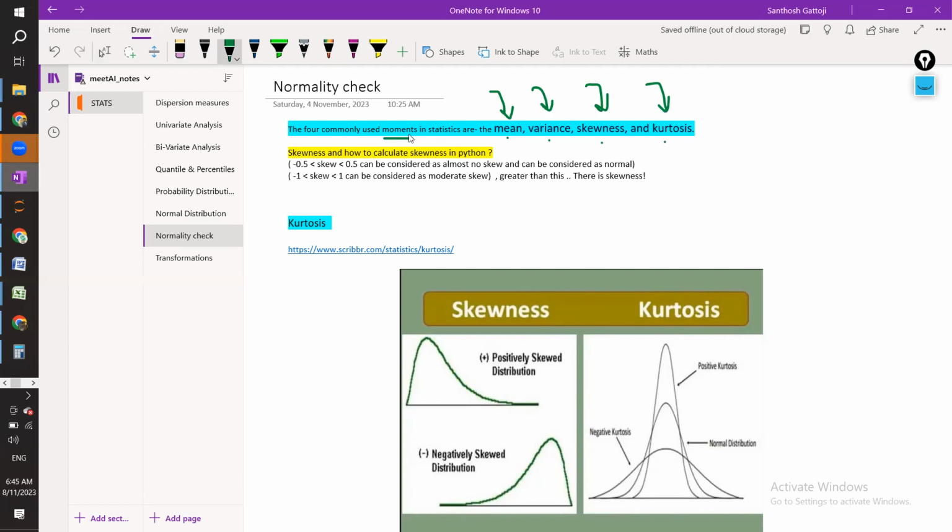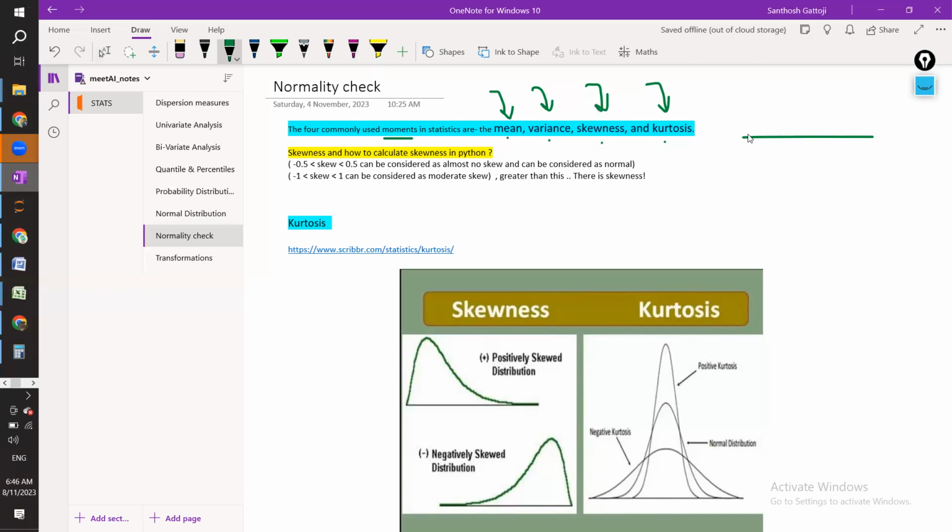Regarding skewness, I think it is not a new thing for you guys because we have seen skewness so many times. What is skewness, guys? Anything which is not symmetric. So there is some skewness.